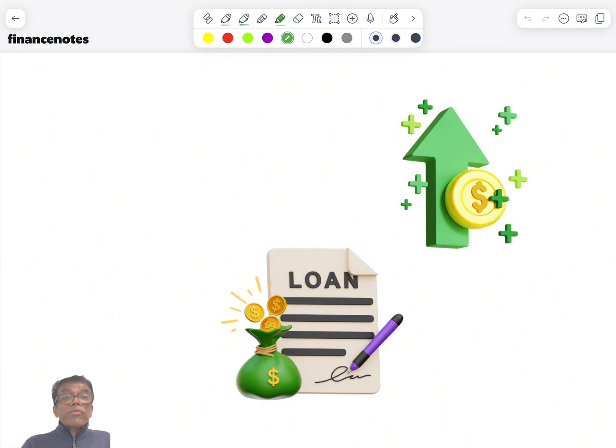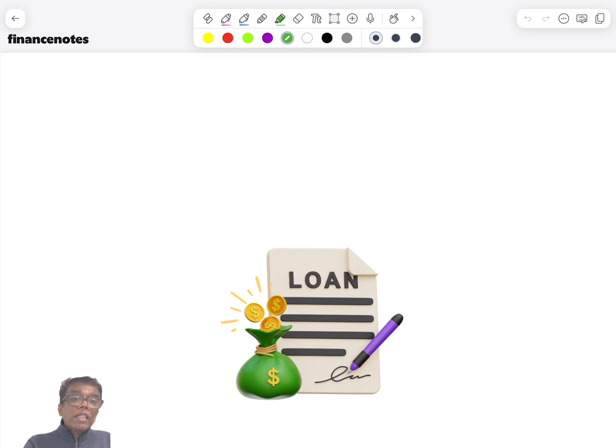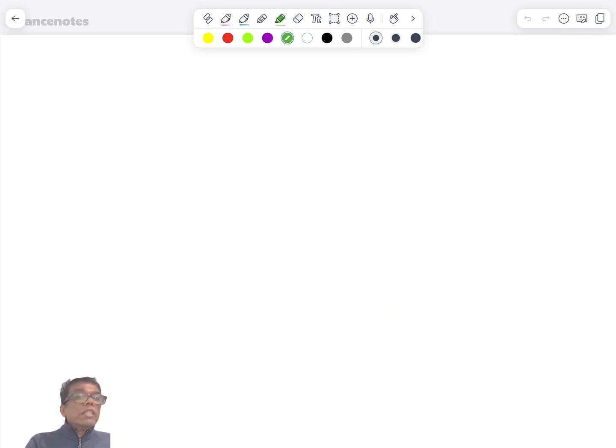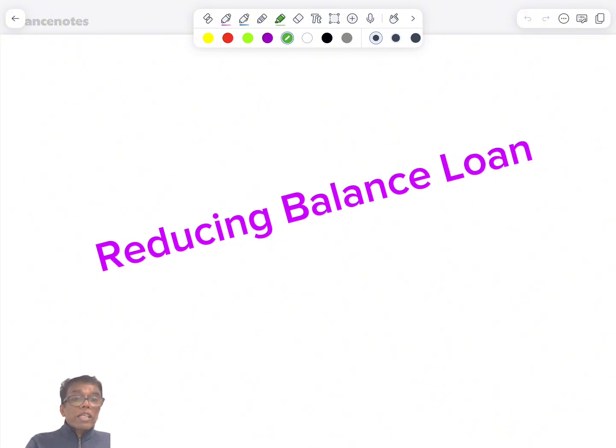First, it pays off some of the interest that has built up. Second, it reduces the amount you still owe, which we call the principal. Over time, as the principal gets smaller, less interest is charged and more of your repayment goes towards paying off your actual loan. This is called a reducing balance loan, and it's exactly what the financial solver on your CAS is designed to handle.